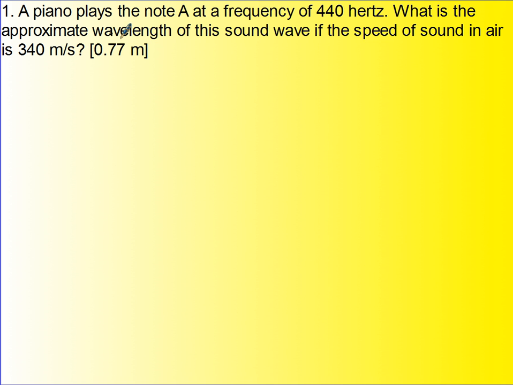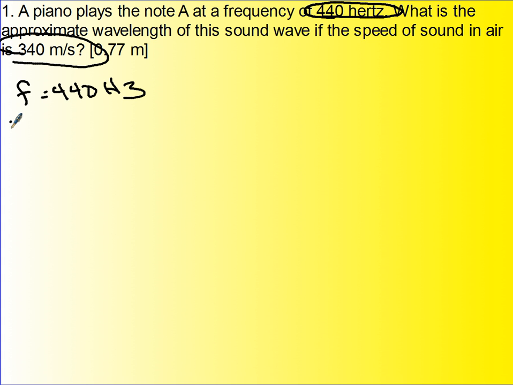Now, suppose a piano player plays a note A at a frequency of 440 hertz. So I know my frequency is 440 hertz. What is the approximate wavelength of this sound wave, if the speed is 340? So I know the velocity is 340 meters per second.